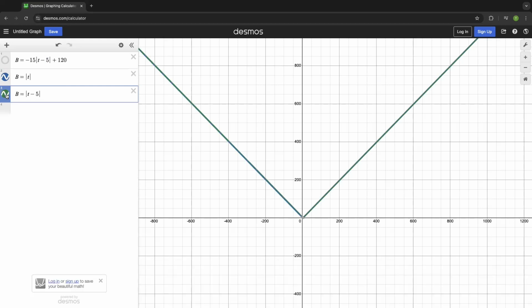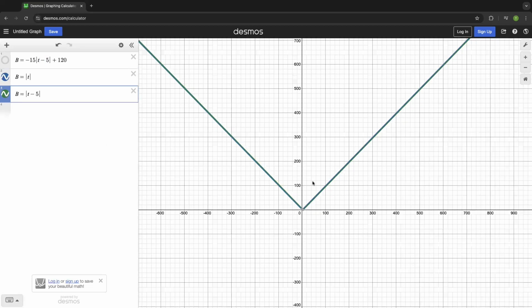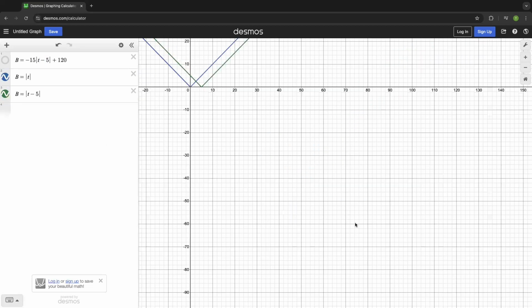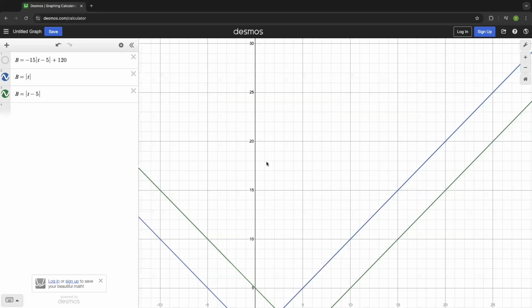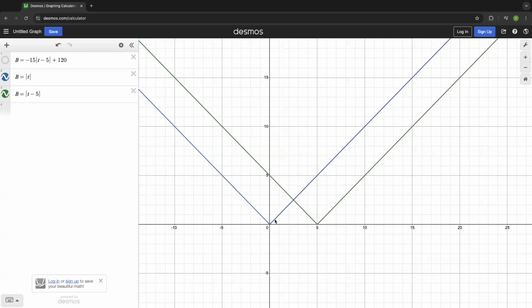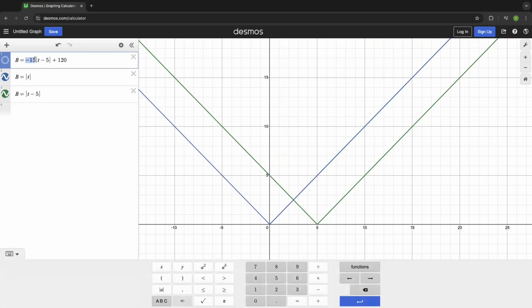The difference is very marginal because we're zoomed in a lot, but as you can see, this is our original, and when you have the absolute value of t minus 5, it moves to the right by 5 units.